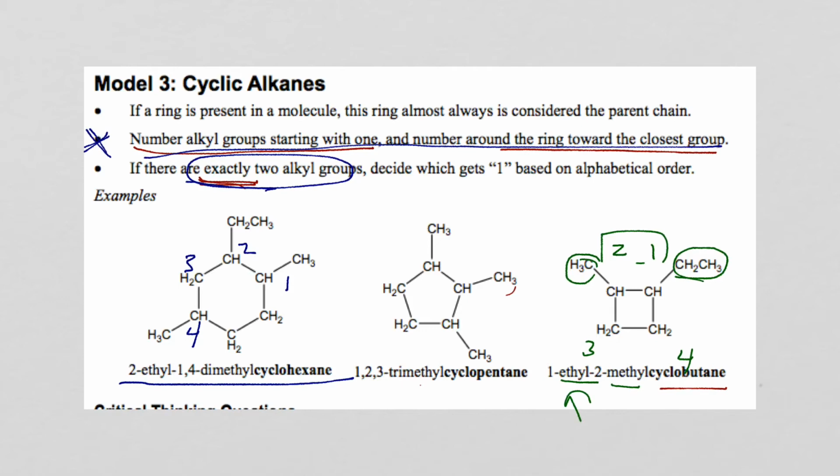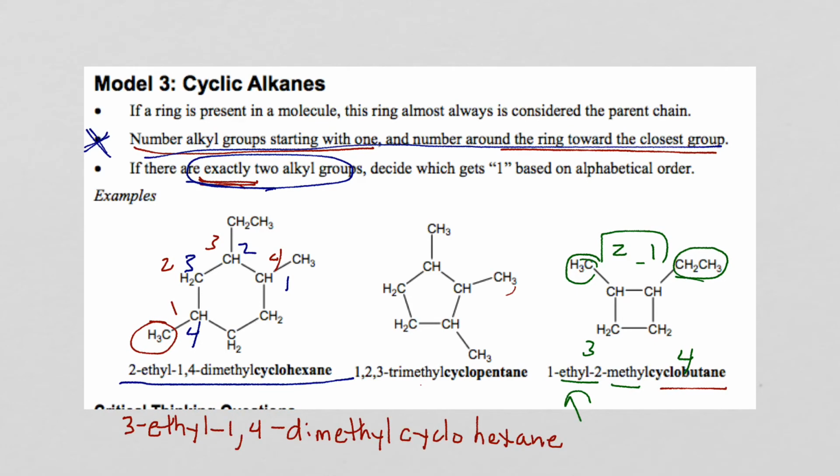Now, if they had instead started with this methyl group and numbered them 1, 2, 3, 4, then the name of this would have been 3-ethyl-1,4-dimethylcyclohexane.